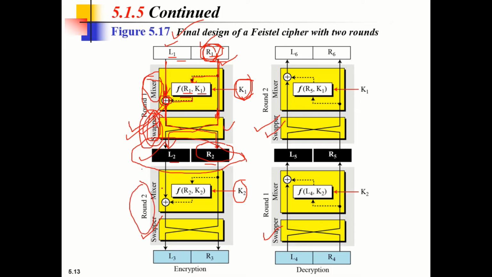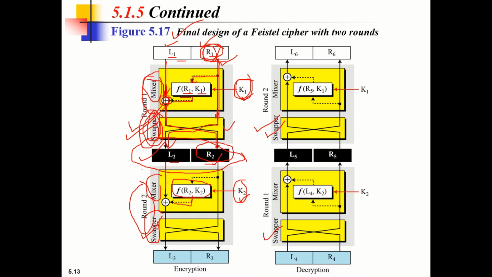Again we'll have all these components, the mixer, the swapper, the function, and so on. The process will be the same. L2 and the output of the function using R2 and K2, because these are the input to this particular round.